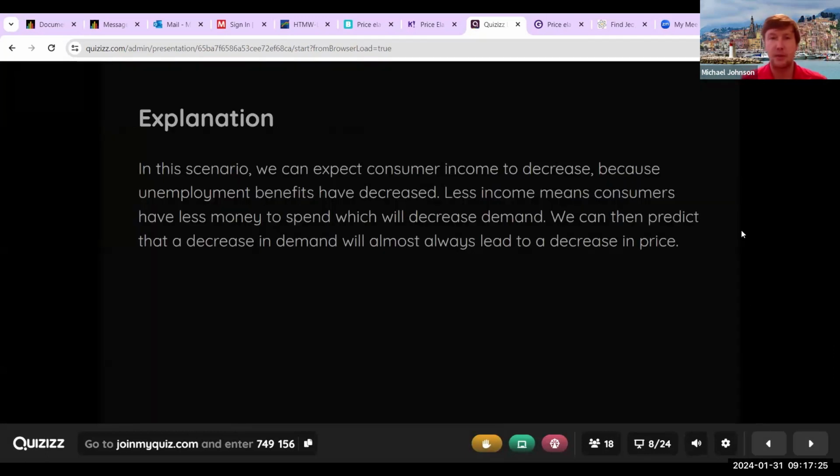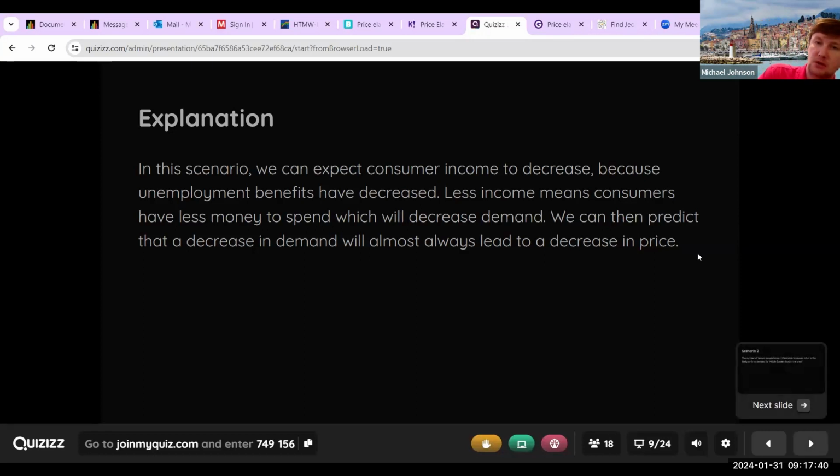So, explanation of the scenario: we can expect consumer income to decrease because unemployment benefits have decreased. So less income means consumers will have less money to spend, which will decrease demand. We can then predict that a decrease in demand will almost always lead to a decrease in price.